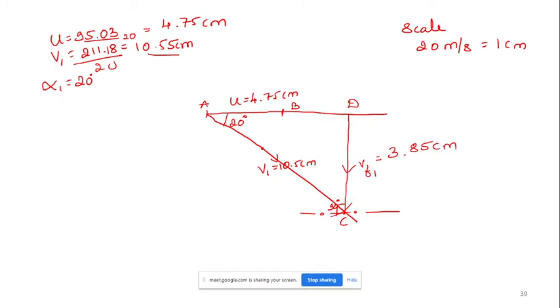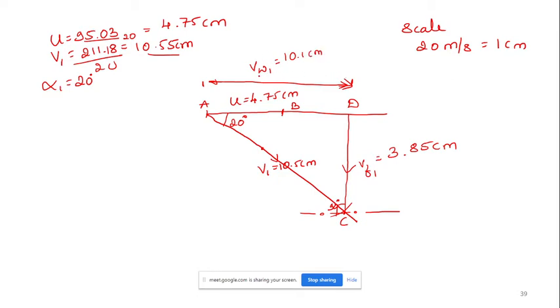Okay. Now measure your AD. What is your AD measurement? 10.1, sir. 10.1 centimeter, your AD measurement it is.